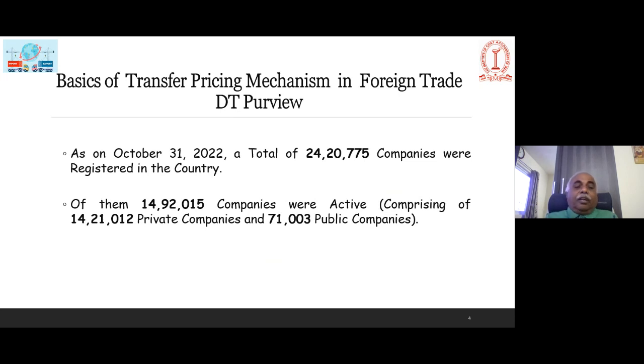The active companies are 14 lakh 92,015, comprising private companies and public companies. The private companies are 14 lakh 21,002 and the public companies are 71,003. These statistics were announced by the Ministry of Corporate Affairs.